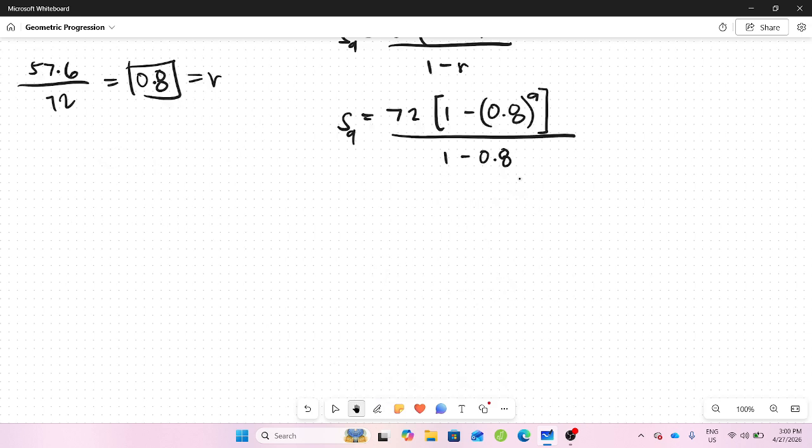Let's proceed. We plug this into our calculator, and we get the sum of the 9 terms is equal to 311.7, and that's how we get the sum of the terms.